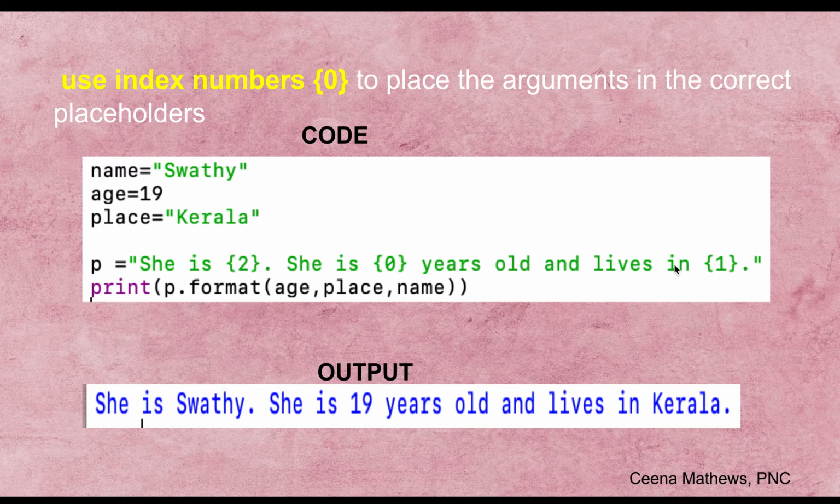Okay, if these indexes are not given, then it will be printing the result as she is 19, she is Kerala years old and lives in Swati. Okay, in order to print it correctly with correct meaning, we use here the index numbers.